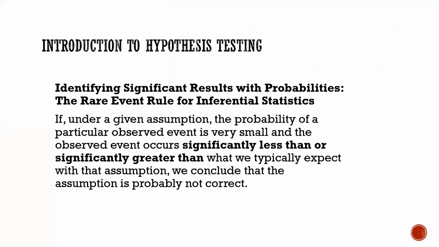So this is kind of what you do. You identify significant results with probabilities by using the rare event rule. You use some assumptions to find the particular probability of an event. And if you see something happen, and based on the assumptions you went in with, the probability of what you just saw was 1 in a million, there are two possibilities.